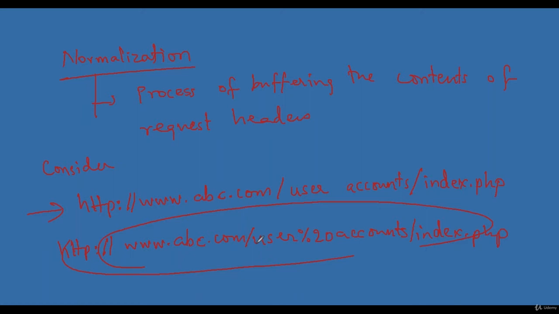Some headers such as the referrer header, any custom header, or the cookie headers are candidates for normalization because they are the common attack vectors.